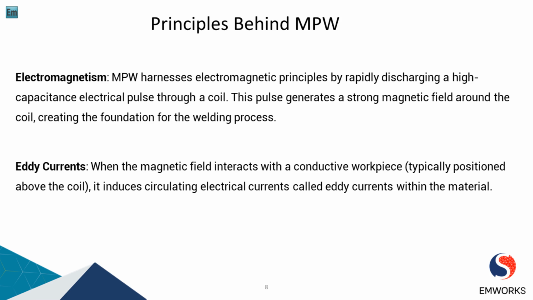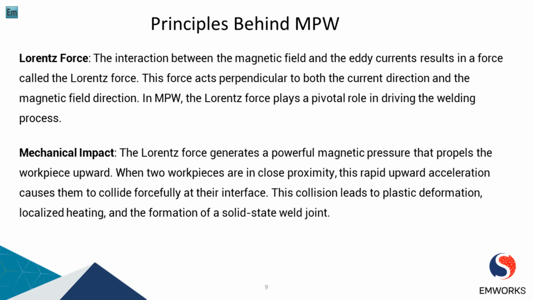The interaction of this magnetic field with a conductive workpiece induces circulating electrical currents, which are called eddy currents, within the material. And then the interaction between the induced magnetic field and the eddy currents culminates in a force known as the Lorentz force. This force acts perpendicular to the current direction and the magnetic field direction. In magnetic pulse welding, the Lorentz force plays a pivotal role in driving the welding process.